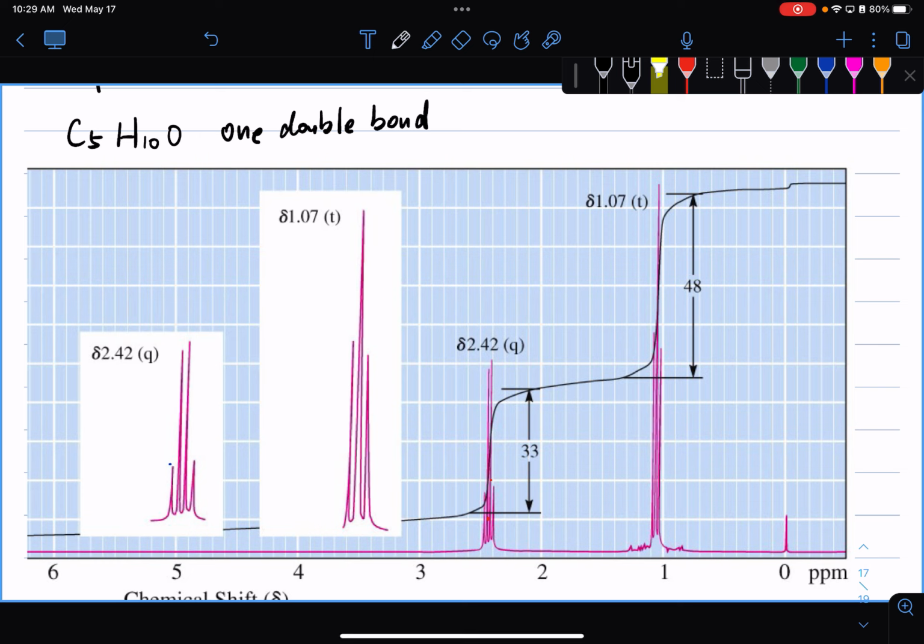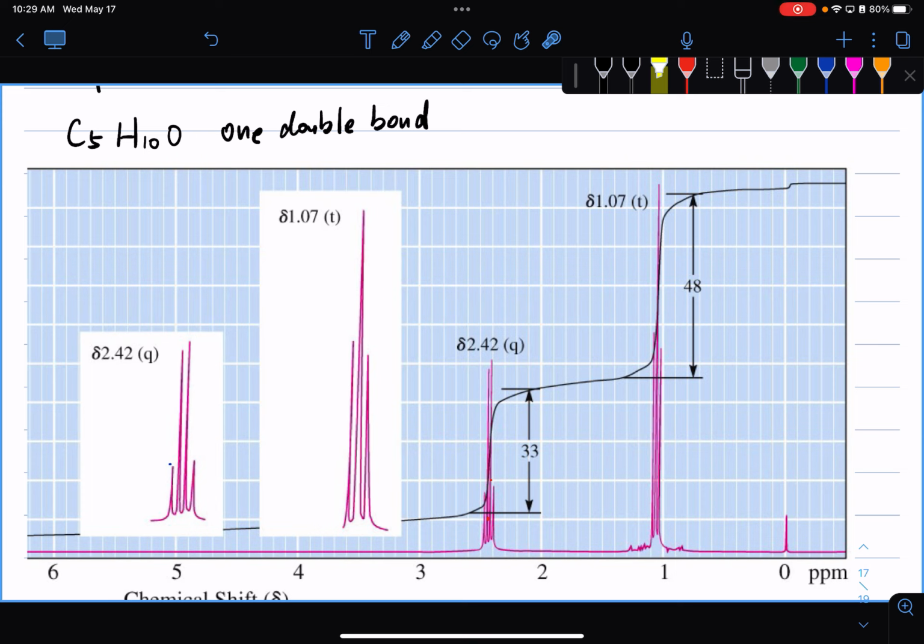And then let's think about it. So here, what we have on my proton NMR, so these two are just the zoom out version of the two peaks we have. We have a total of only 2 peaks. So what does that tell us? That tells us our molecule, although we have 10 hydrogen atoms, only has 2 different types of hydrogen atoms that are not chemically equivalent to each other.